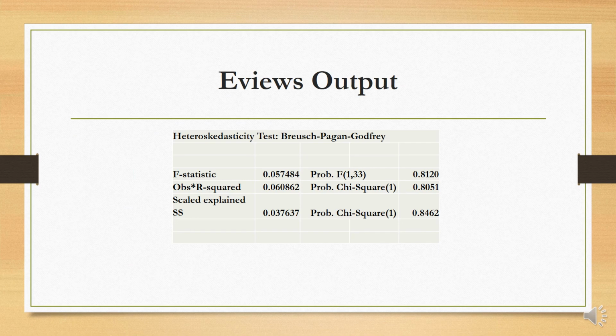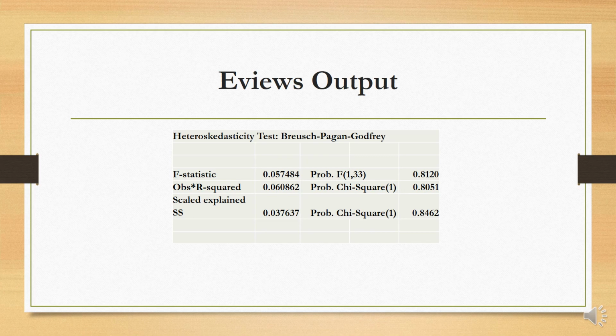Remember, we are unable to reject the null hypothesis because our p-value is greater than 0.05. Okay, what does this mean? This means there is no heteroskedasticity in our model because we are unable to reject the null hypothesis, because the null hypothesis is no heteroskedasticity.